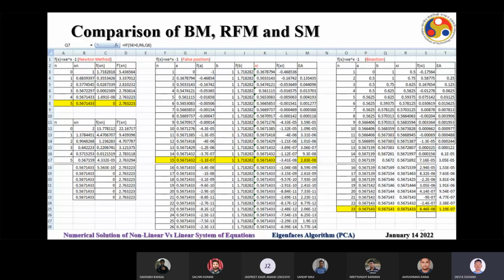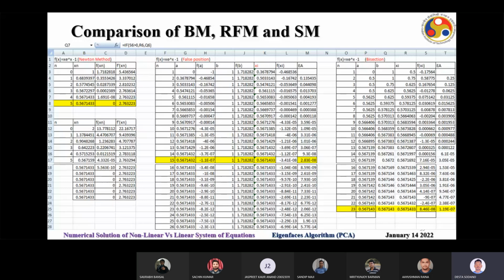From the given function, Newton method takes five iterations. For the regular false position method, 15 iterations. Bisection method, 23. So this is the difference for the given common, same function: which one becomes fast, iterating quickly.